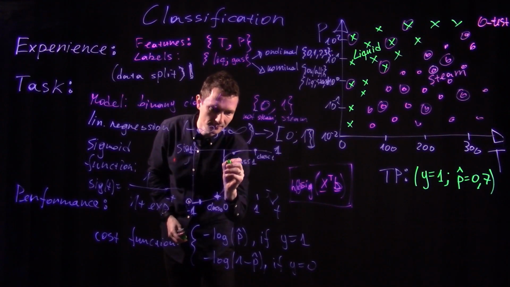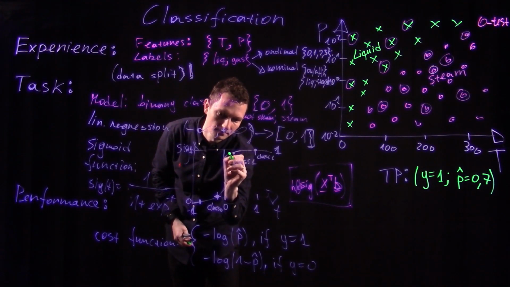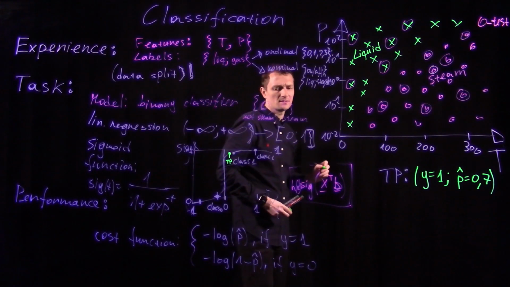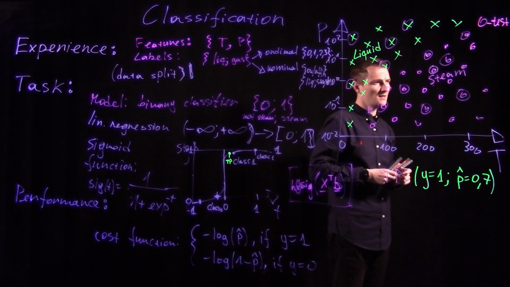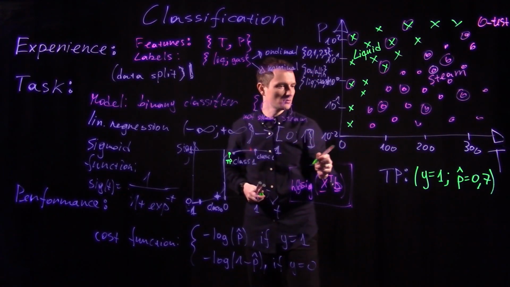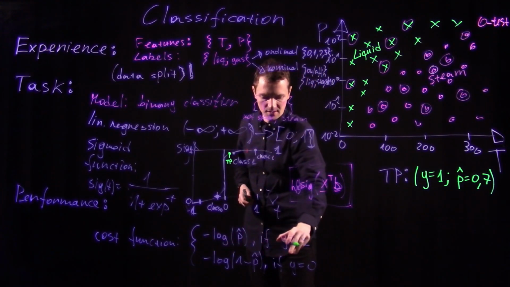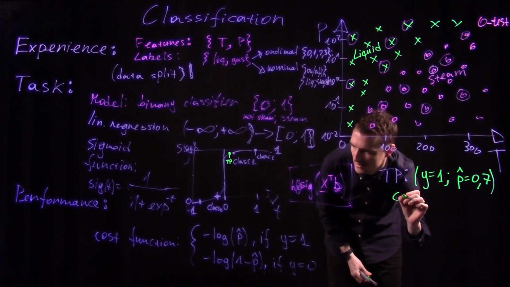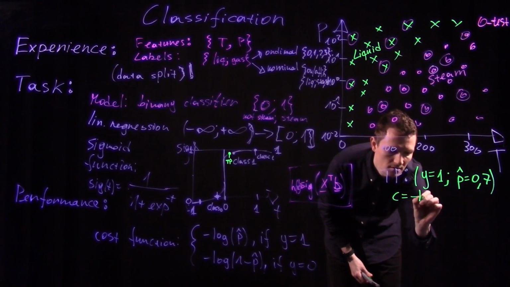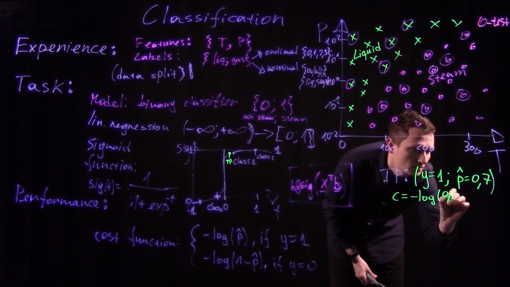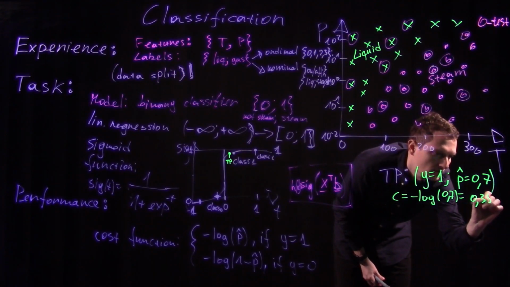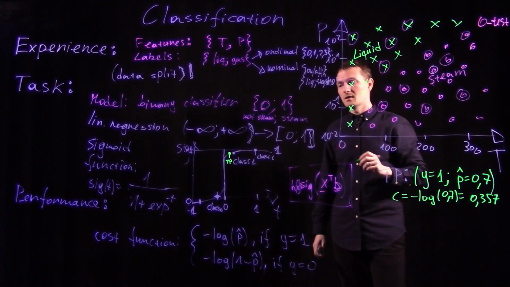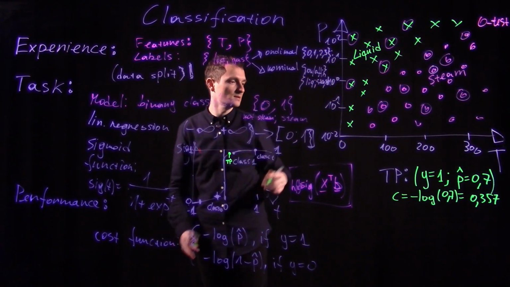So in this case, it will be somewhere here, this point, so it's true positive. And now let's calculate our cost function. Because the label is 1, we will use the first equation. Then the cost function, let's name it c, will have the following value. We find this one, and it will be around 0.357. So far so good. It's not that large.